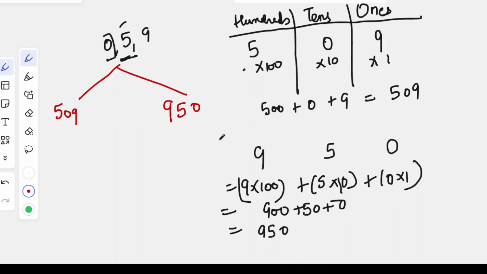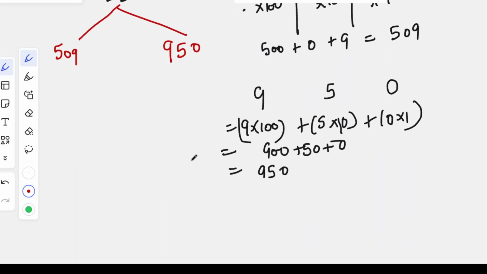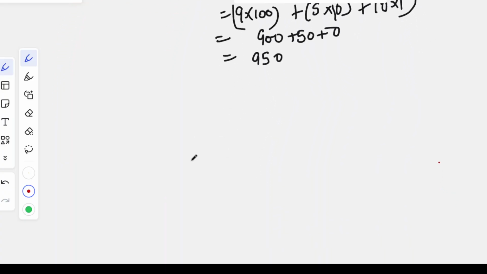I hope it made the concept clear for you. Follow the process step by step. Don't be scared of the digits, whether it's zero or a repeating digit. The process is always the same. Now, I want you to form a smallest 3 digit and a greatest 3 digit number using these 3 digits.